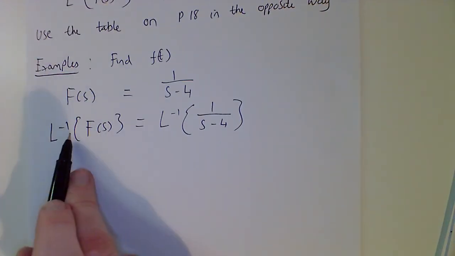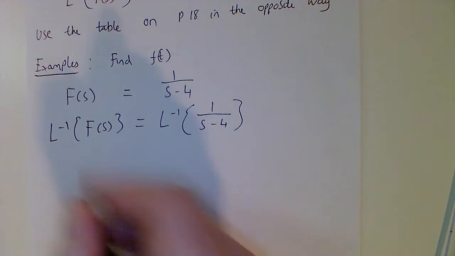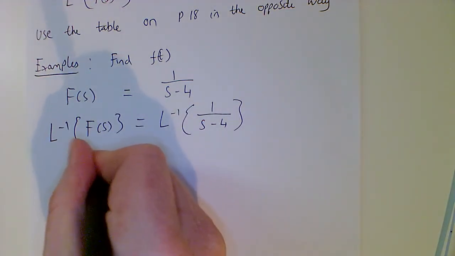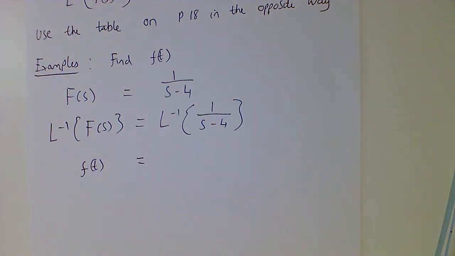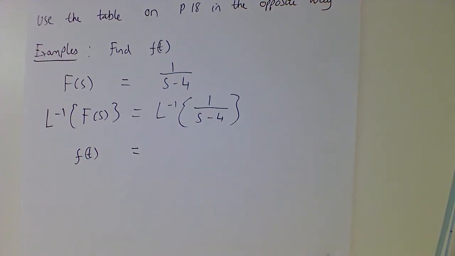I know the inverse Laplace transform just becomes the normal function with a t in it. So on this left hand side, just get used to doing the opposite of what we did when it was a normal Laplace transform.